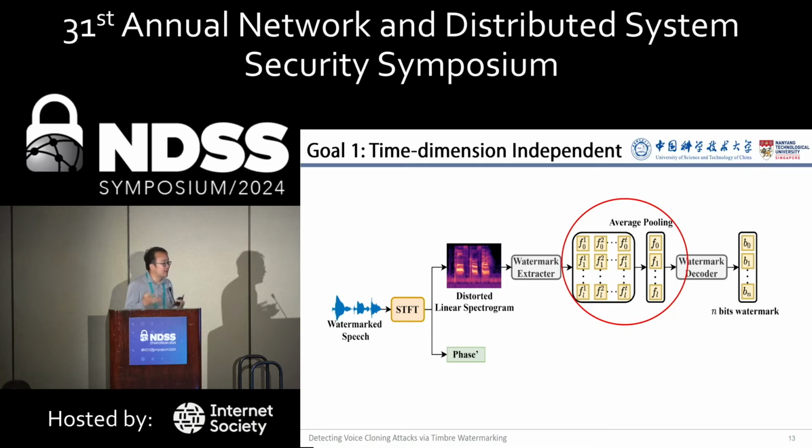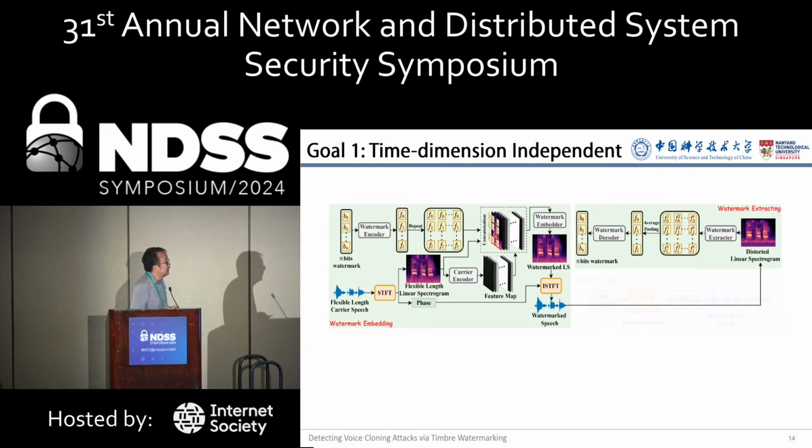Because now this is a matrix, we perform average pooling to statistically get the average results, which can be further decoded to recover the n-bit watermark. So this is the first goal we try to satisfy. And this is the entire flow, from the watermark embedding to the watermark extraction.